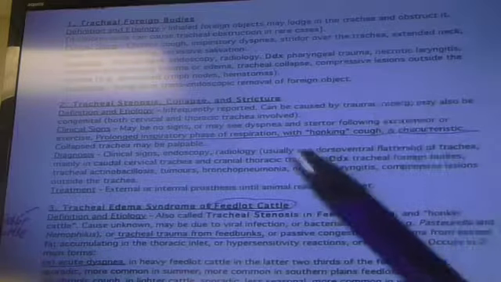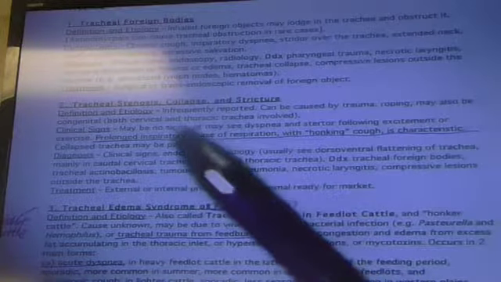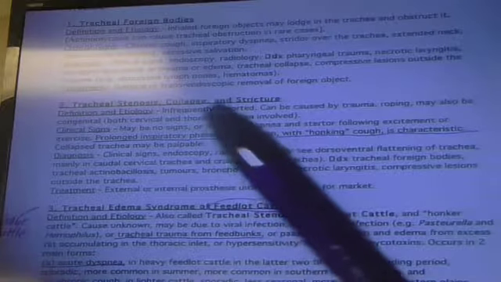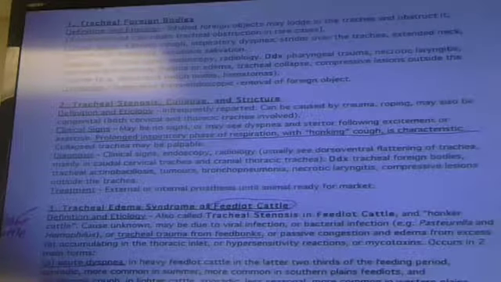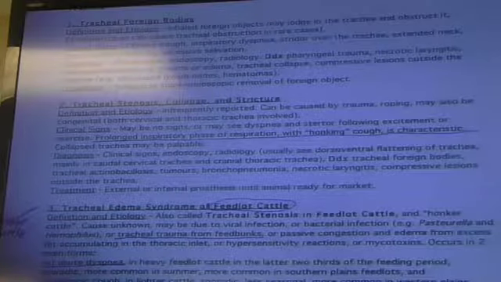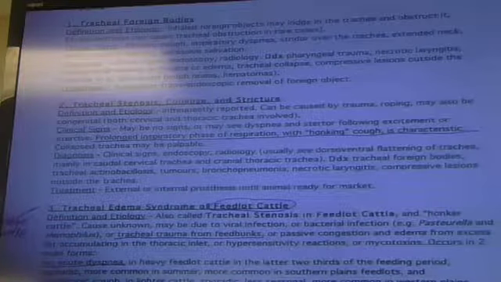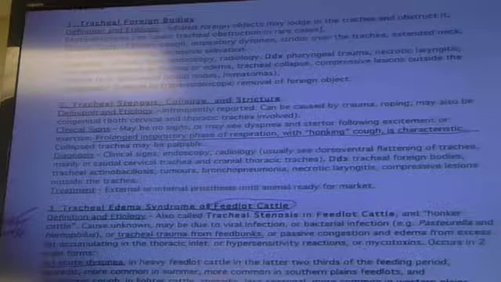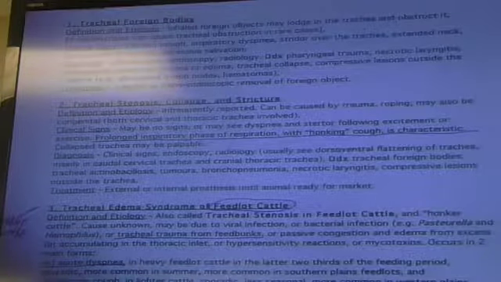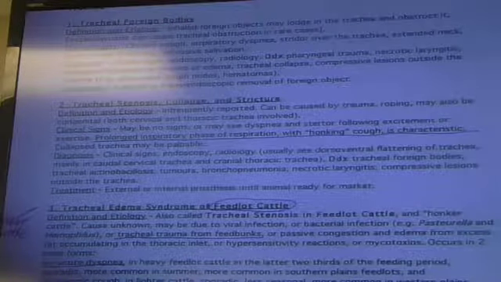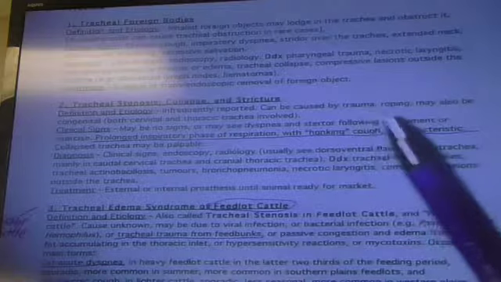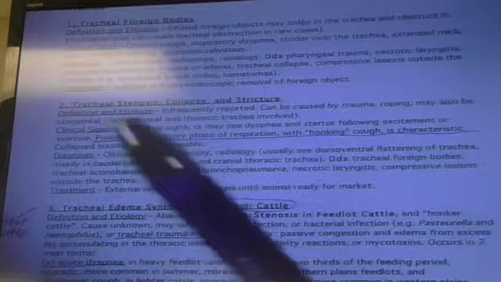Tracheal stenosis, collapse, and stricture. One thing that'll tend to give this one away is that it's going to tend to be in a younger animal or in a smaller animal. So it's not that often that the trachea is stenosed or collapsed, but when it does happen, it's typically associated with some degree of trauma, or it may be congenital.